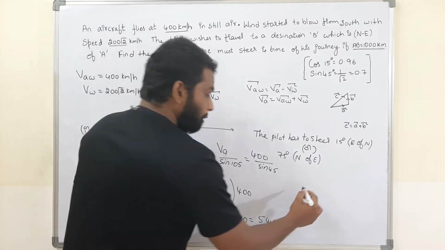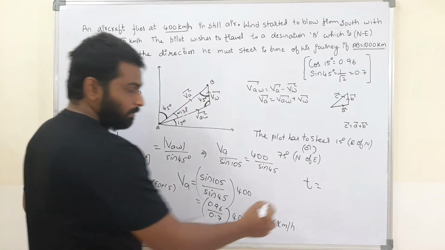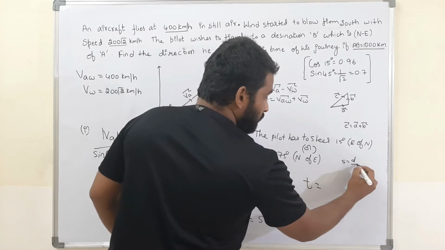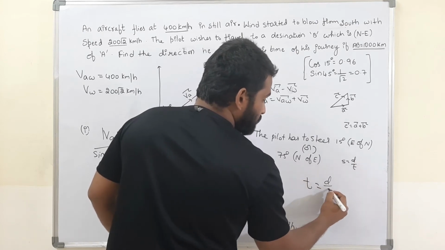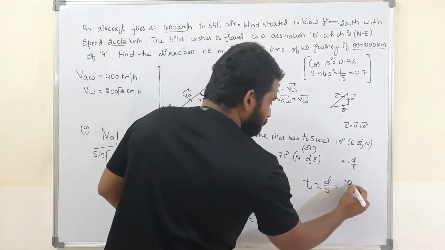Therefore, what is the time taken to move from A to B? Speed is equal to distance by time, so time is distance by speed. What is the distance? 1000 kilometers.